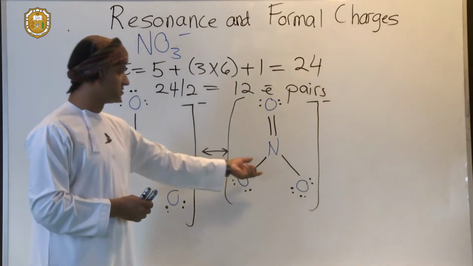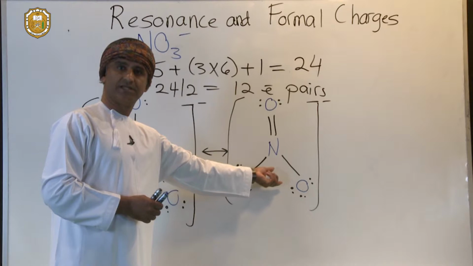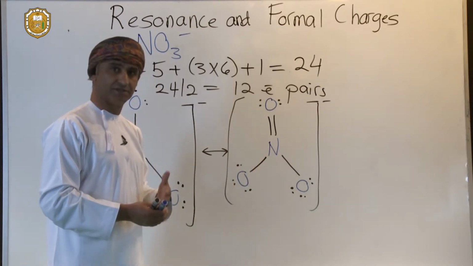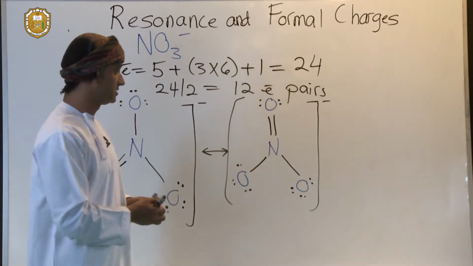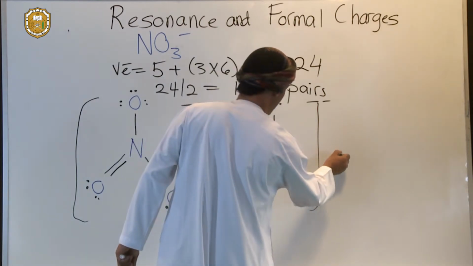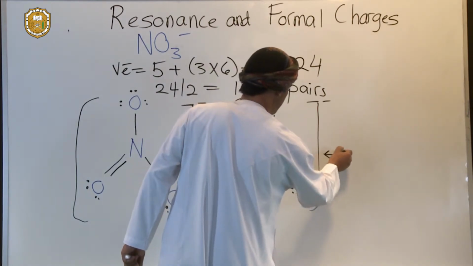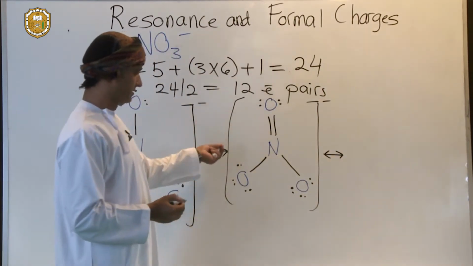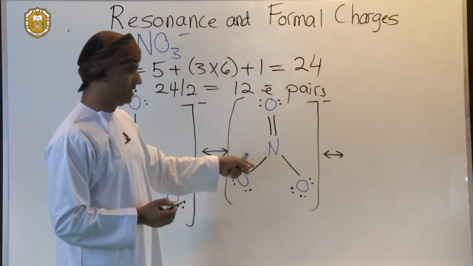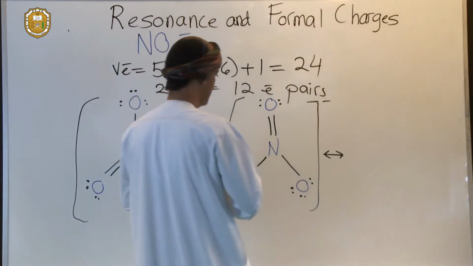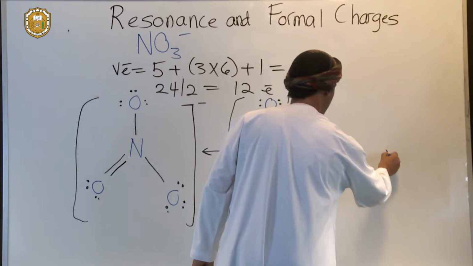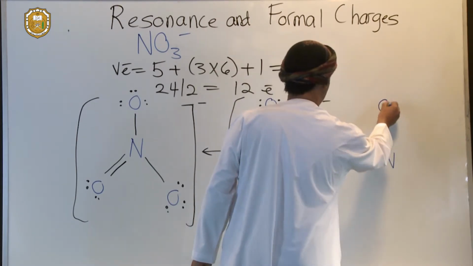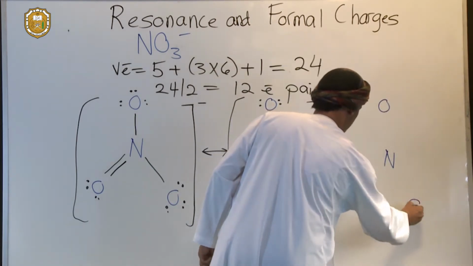Why can't we draw a double bond between that central nitrogen atom and that oxygen? Is that not possible? It is actually possible. So therefore, we can draw a third Lewis structure connecting the second one with the third one by that resonance arrow. And then we draw the central nitrogen atom, that top oxygen, that oxygen and that oxygen.